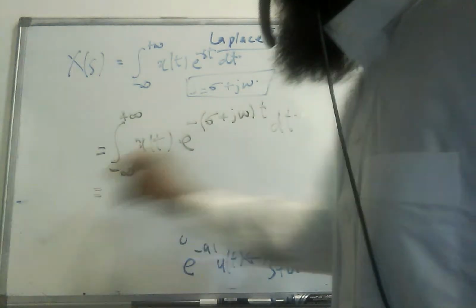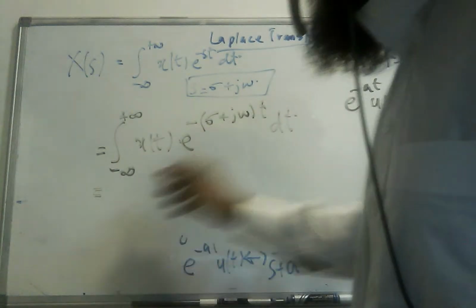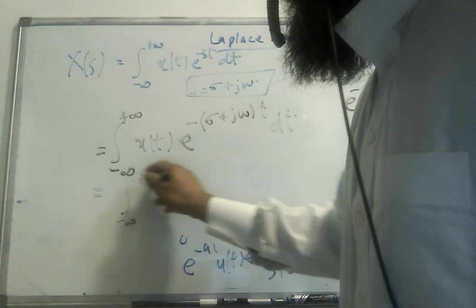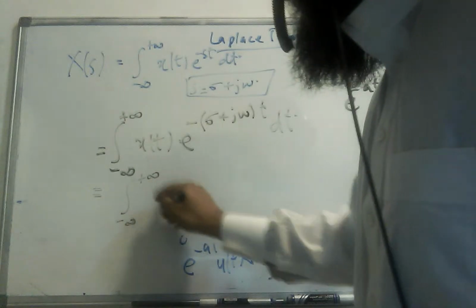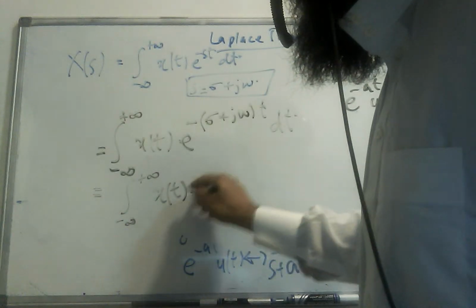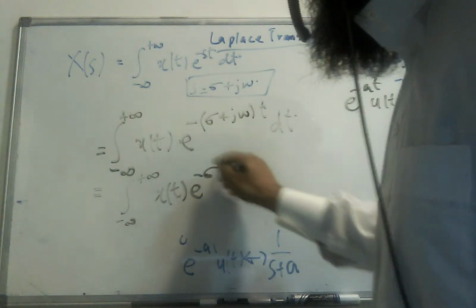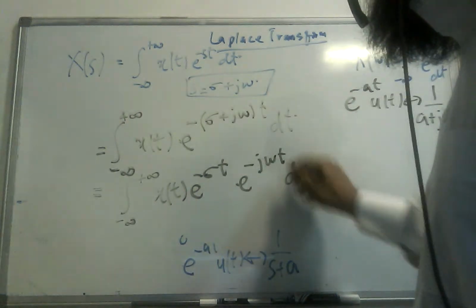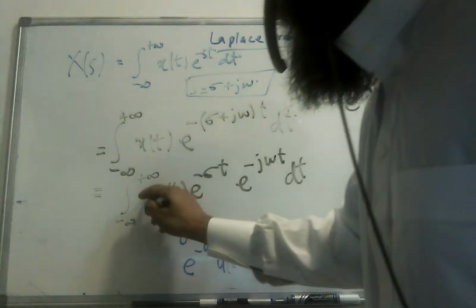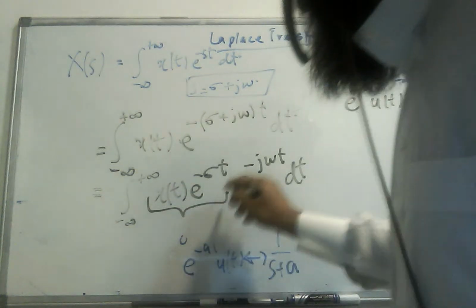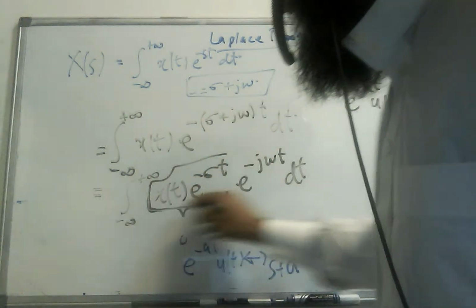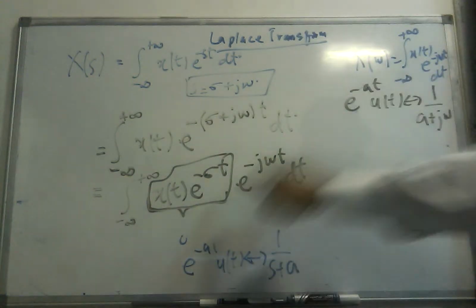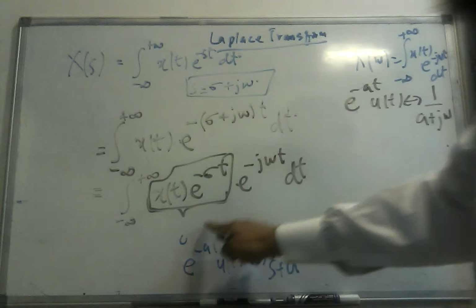And this is equal to, I can split the two exponentials, x of t e raised to the power minus sigma t e raised to the power minus j omega t dt. Now I can see that this is exactly my Fourier transform, the definition of my Fourier transform.